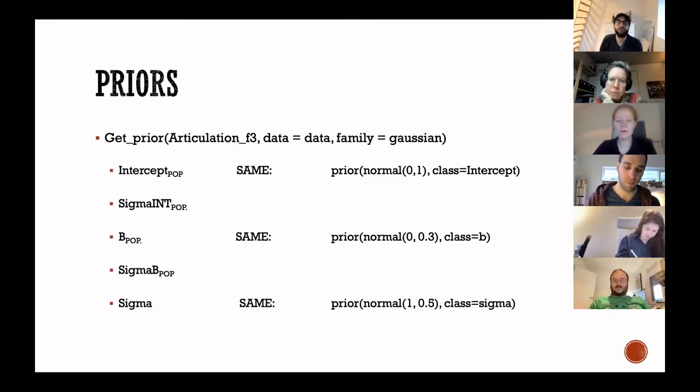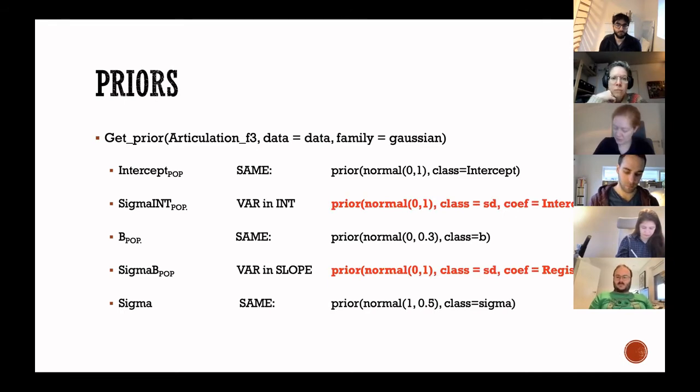But we also have two new parameters: the deviations of the participants from the intercept at the population level and from the beta at the population level, the sigma for the intercept and the sigma for the beta. And we need to put new priors there.